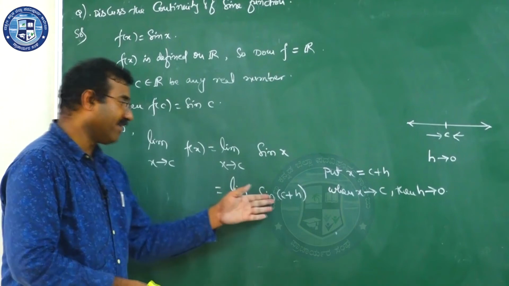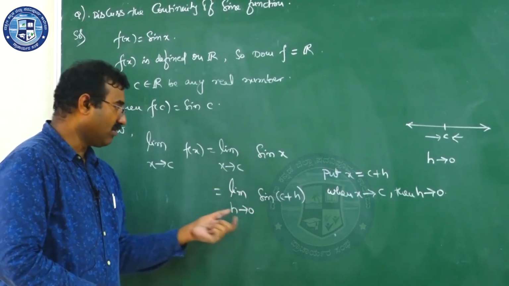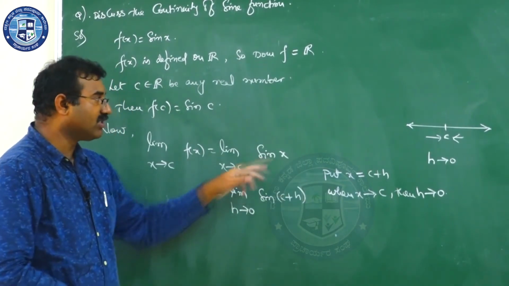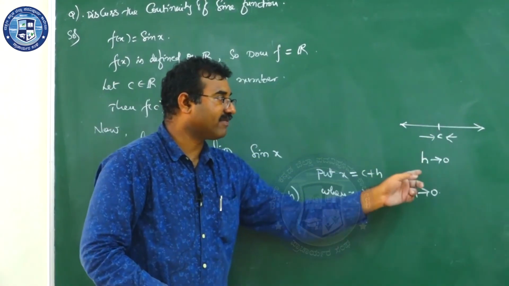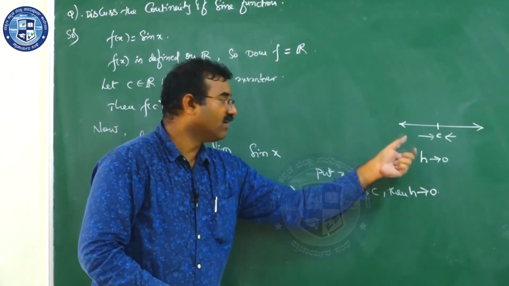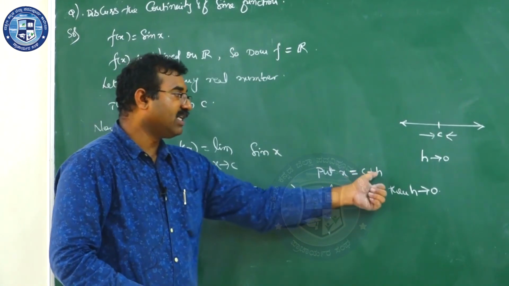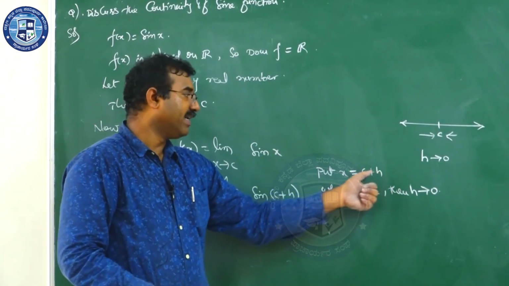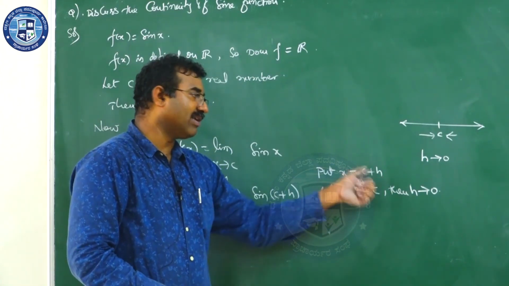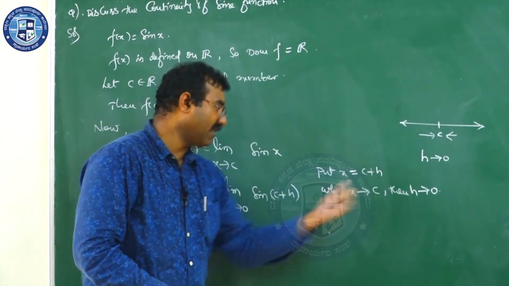Actually, you can directly write sin c, but to understand in a better way, we are doing it like this. x is coming close to c, either from the right or from the left. To work out both, h is a quantity coming close to 0, so I replace x with c plus h. If h is positive, x is coming close to c from the right side. If h is negative, then x is coming close to c from the left. Both are covered together, right?